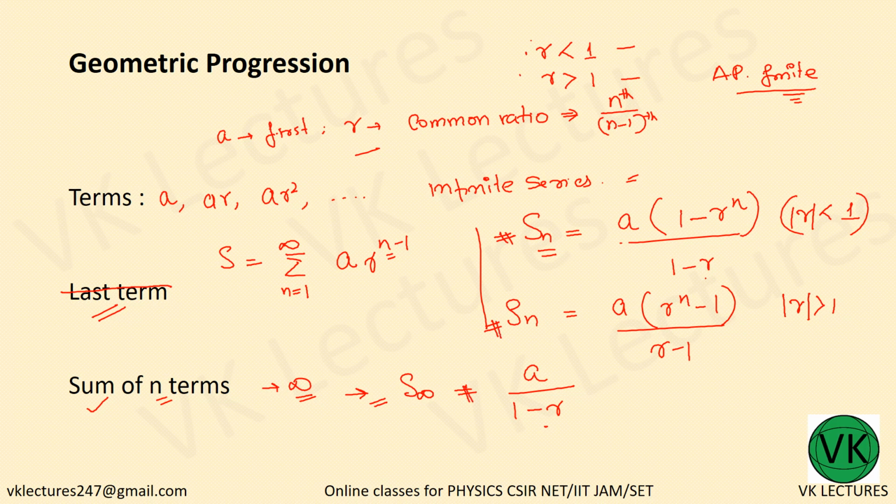Usually for arithmetic progression you don't consider an infinite number, but these are the answers for the sum of finite terms. If n is finite, you can use these two formulas, and this is for infinite terms.